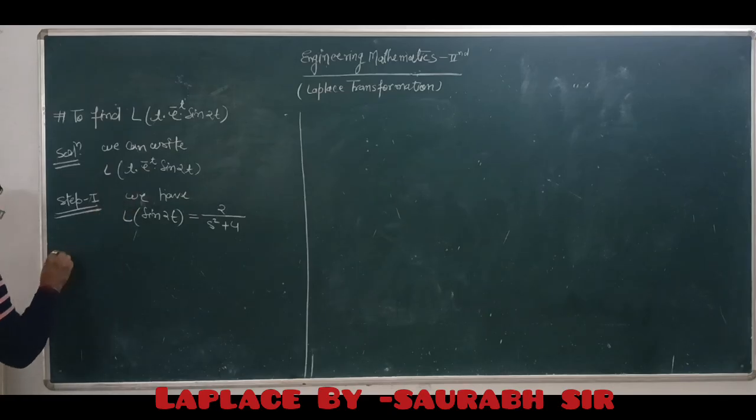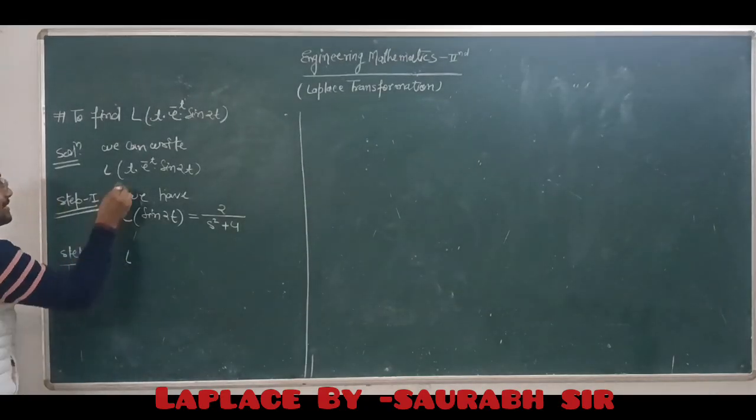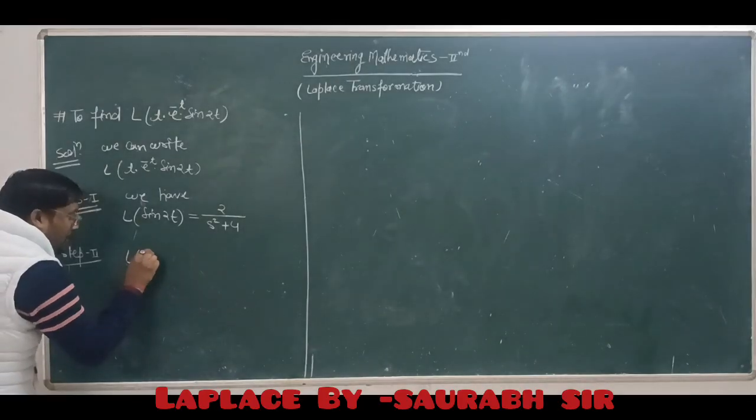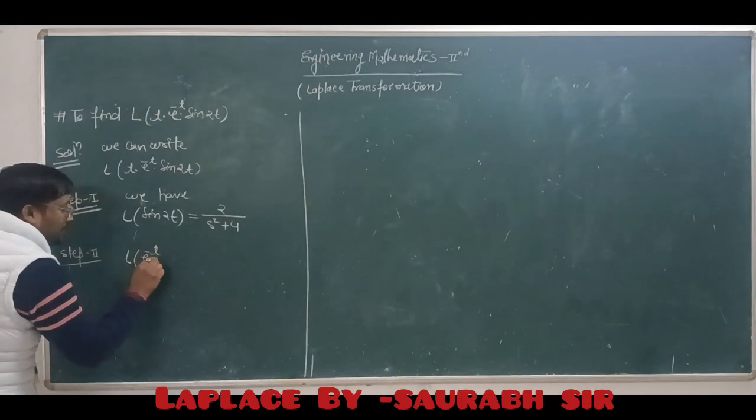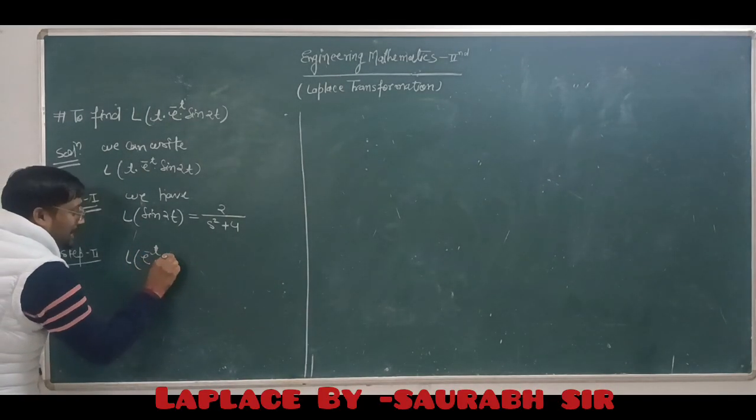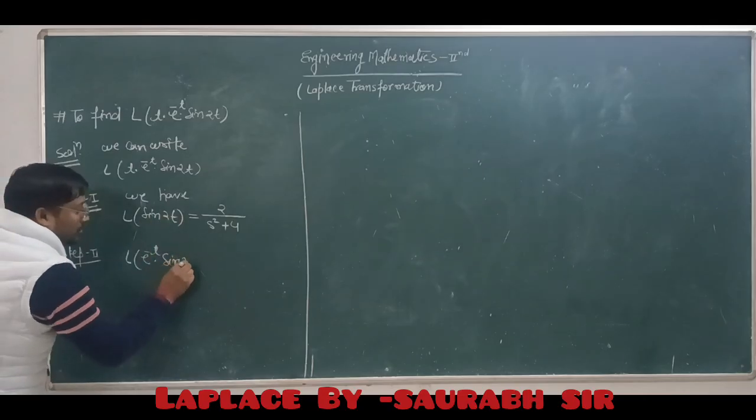Now second step. Step number second. Now L of e to the power minus t into sin 2t.